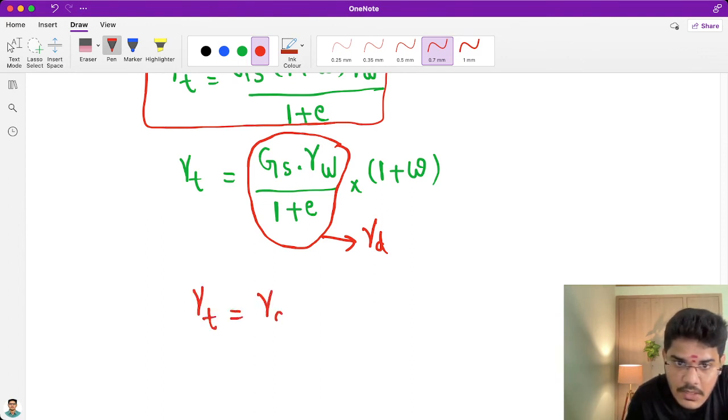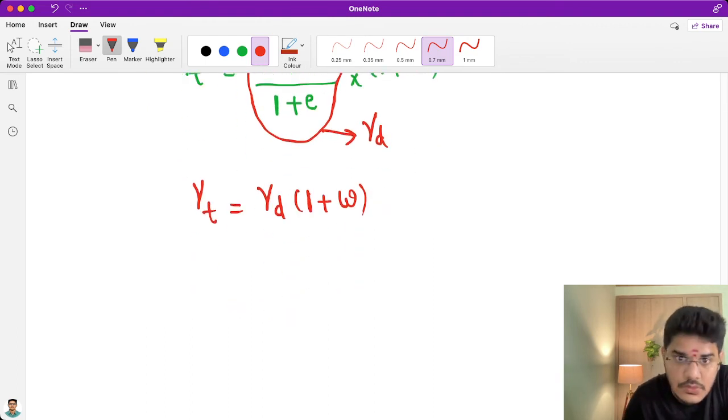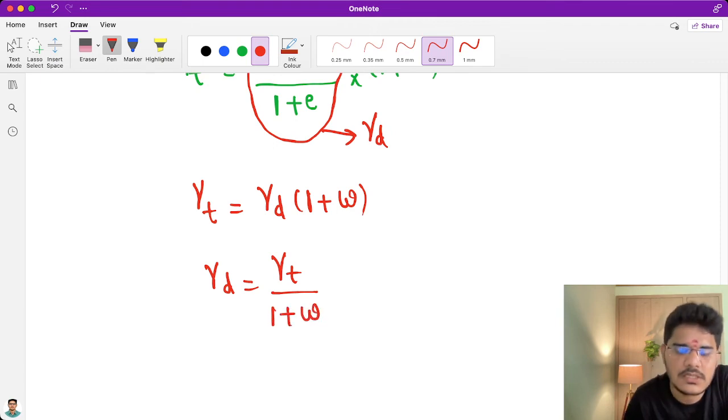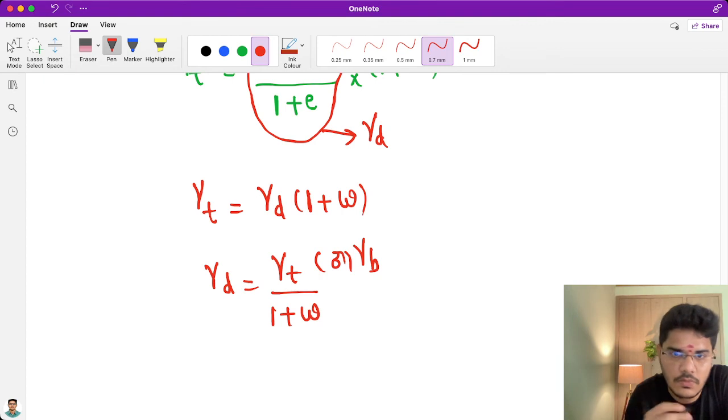So gamma d into (1 plus w). So gamma d is equal to gamma T by (1 plus w). Gamma T and gamma b, bulk unit weight, are both one and the same.